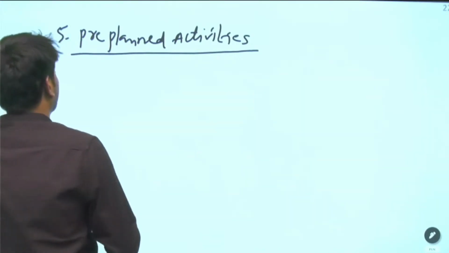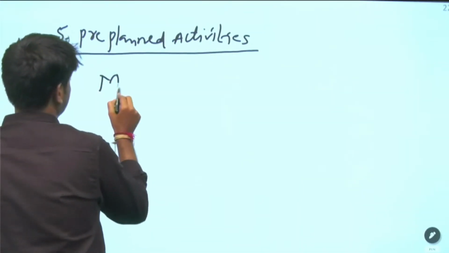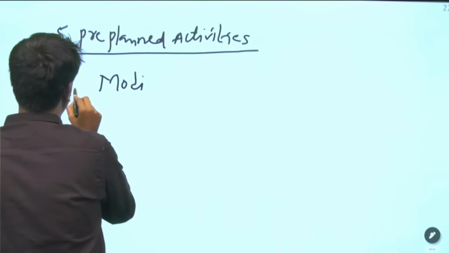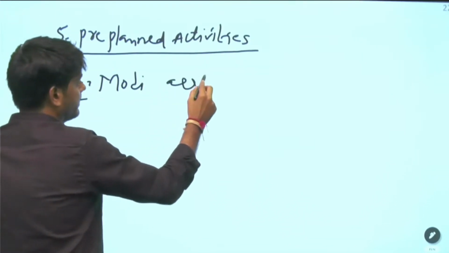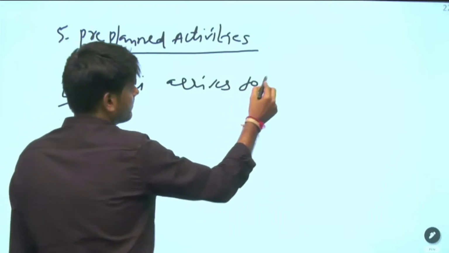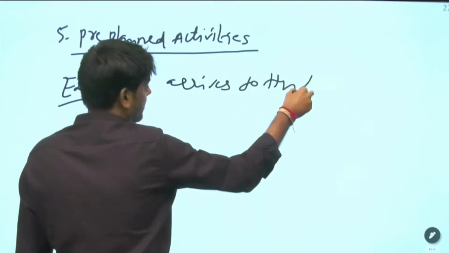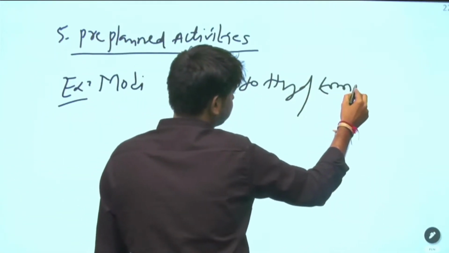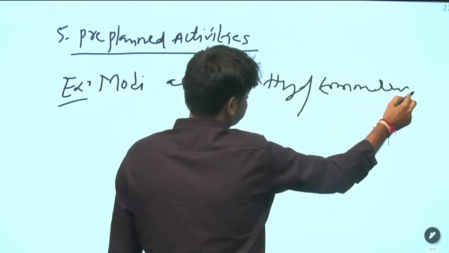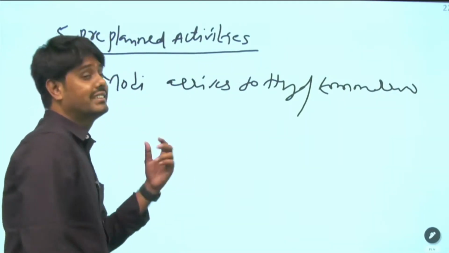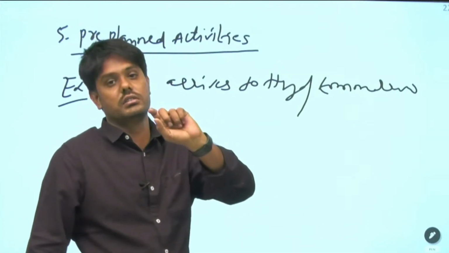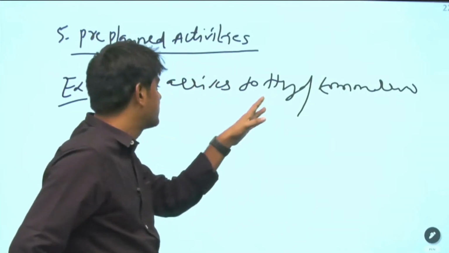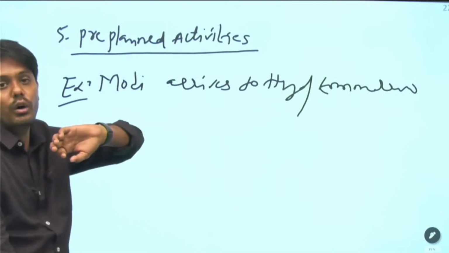For example, Modi arrives to Hyderabad tomorrow. This is a pre-planned schedule, an already fixed schedule. So Modi arrives to Hyderabad tomorrow.